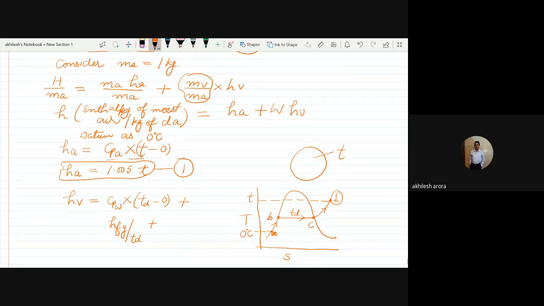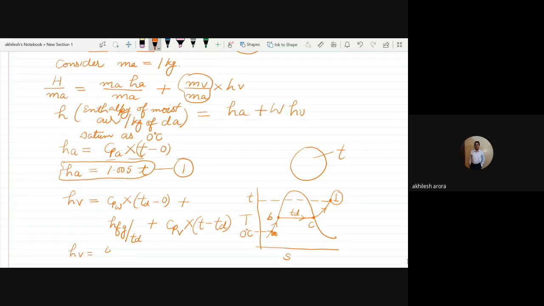Plus, now at point C, it is saturated vapor, and we are adding more heat into it, so it becomes superheated vapor. And CPV is the specific heat of the superheated vapor multiplied by the degree of superheat, and that is equal to T minus TD. Okay, so HV is equal to CPW.